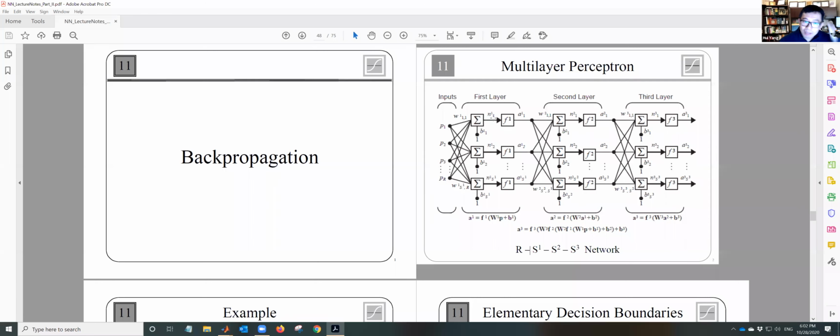Wp plus b equals n. And then a equals f(n). And then n2 equals Wa plus b, right? So this is an iterative function, or more accurately, a nested function.